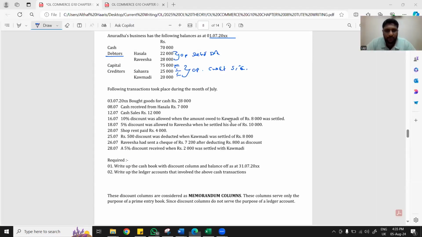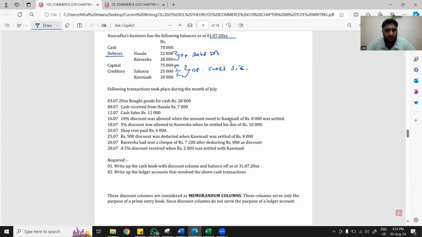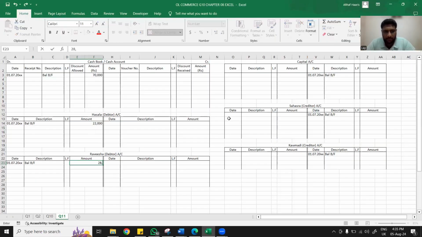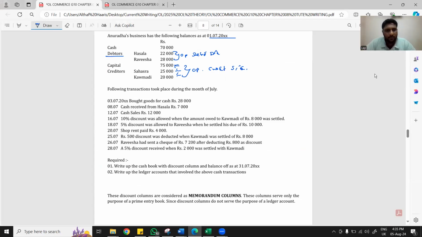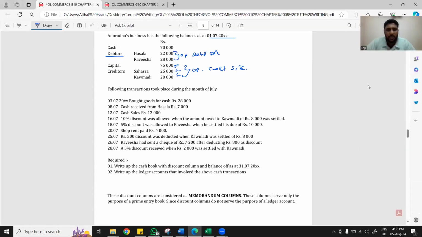And let's write the values. 70, 22, 28, then 25, 75, 25, then 20.